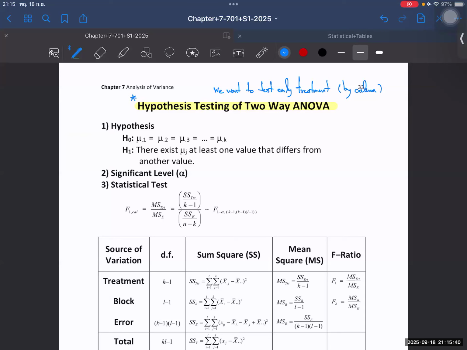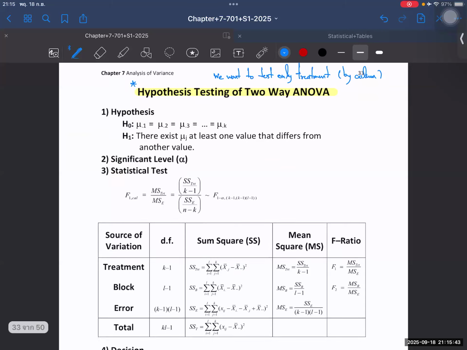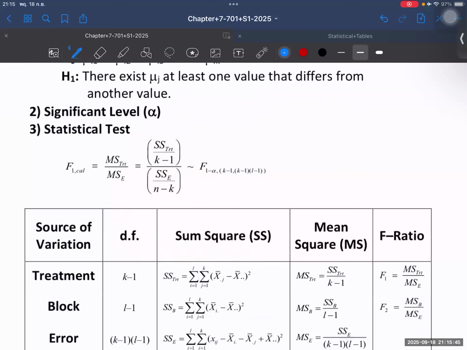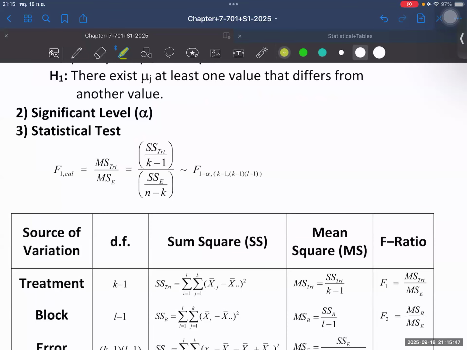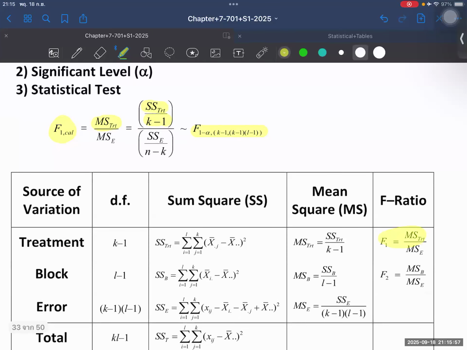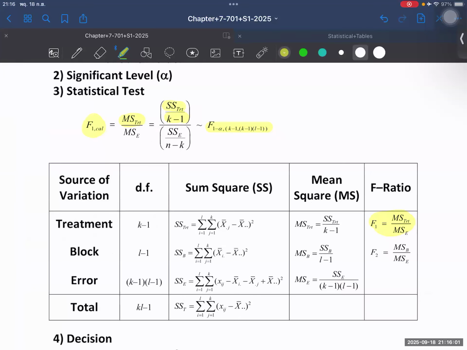We set up the significance level and we have the statistical test. That's why we use F1 with the mean square treatment and the sum square treatment. Okay, we will use only F1. But when you complete the table, please do F2 together.